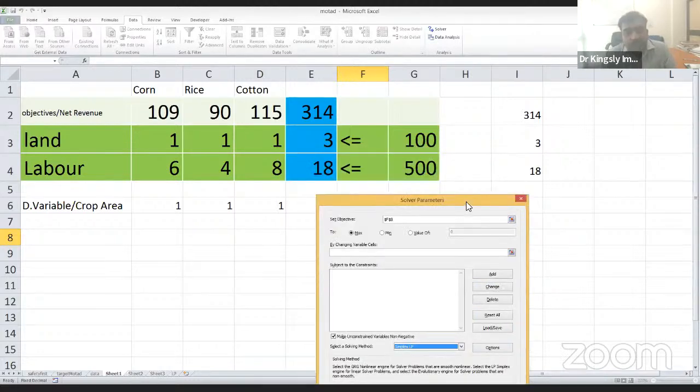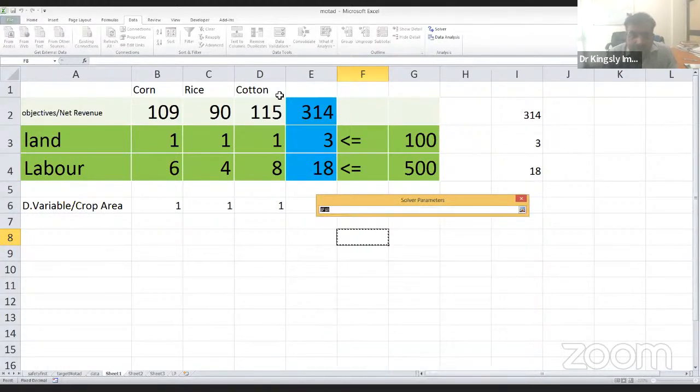what is our objective? We have to show our objective value. Set objective. That means, where is our objective value? Our objective value is the total net revenue from the farm. That is nothing but the cell 314, our total revenue, nothing but our objective cell. So I am just indicating my objective cell, putting my cursor on it.